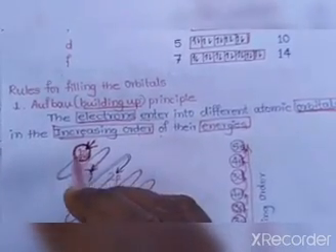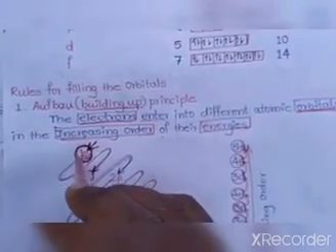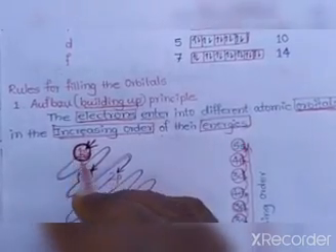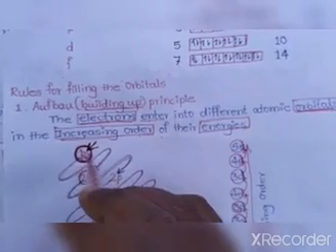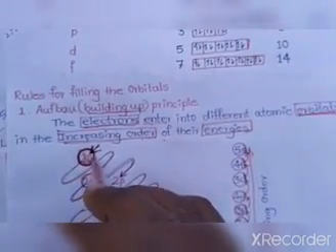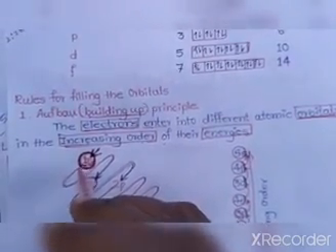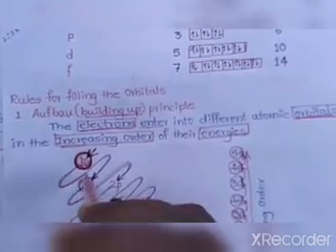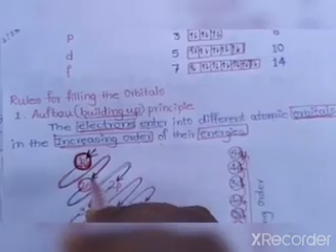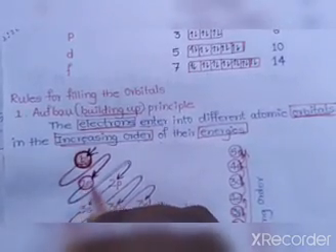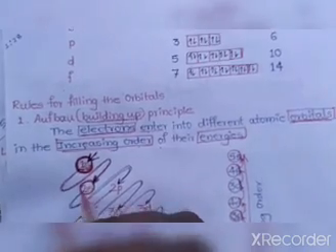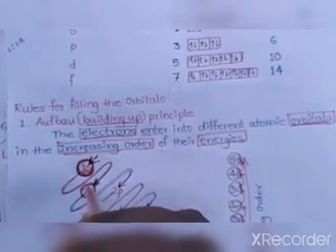Then the s orbital is filled, meaning its accommodation is 2. If 2 electrons are filled, it is completely filled. After this orbital is completely filled, the third electron will move to fill the 2s. Then the fourth electron also fills this 2s, and this s orbital capacity is also 2.